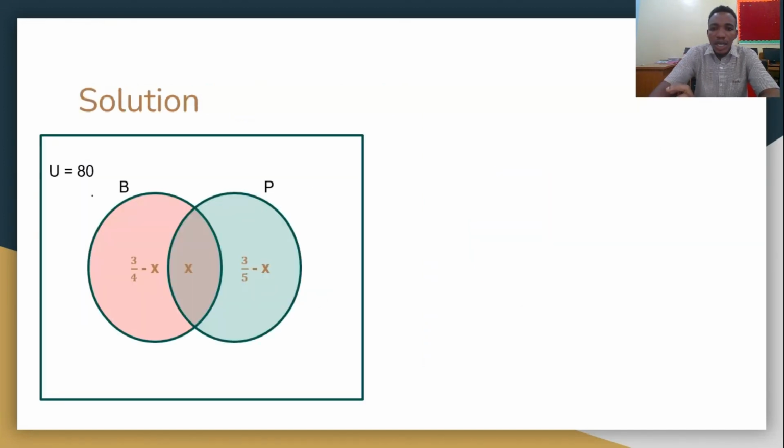That's what I'm going to do in the next slide, which is 3 over 4 minus X, which is the people that do biology only, plus X, which is people that do both biology and physics, and 3 over 5 minus X, that is people that do physics only. So everybody equals 1. The first thing is I want to eliminate this minus X plus X. That one goes out, they cancel each other out.